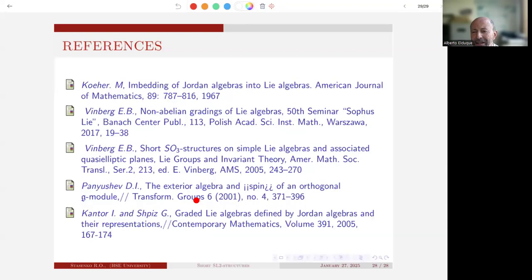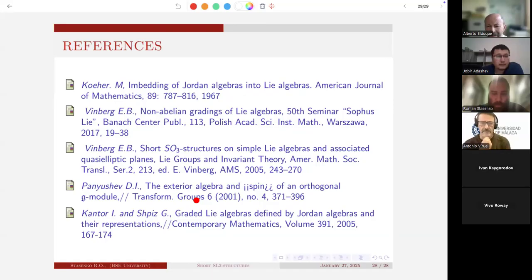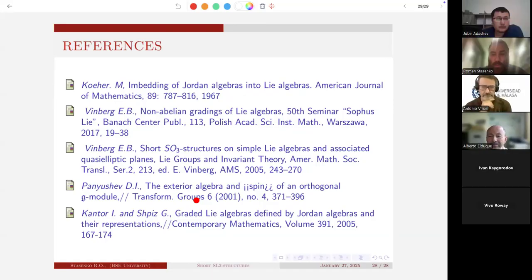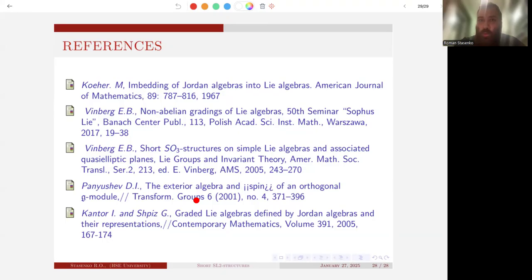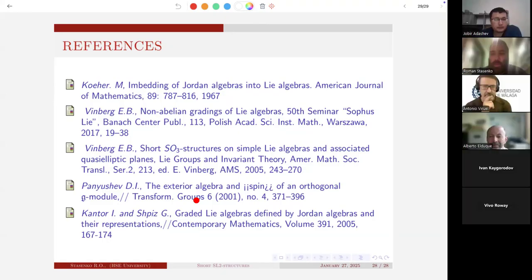If we take the algebra not SL2 but SL3, we will get the Allison algebras, as in the Vinberg paper in 2005.